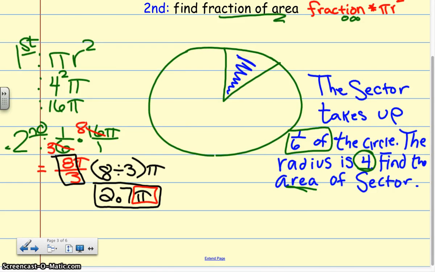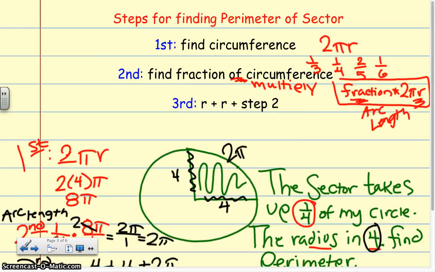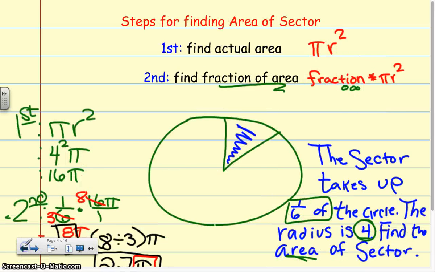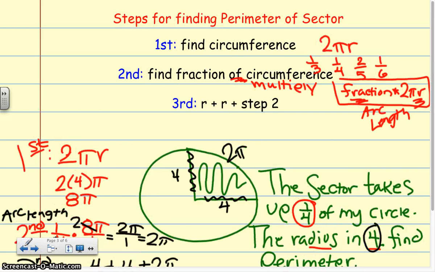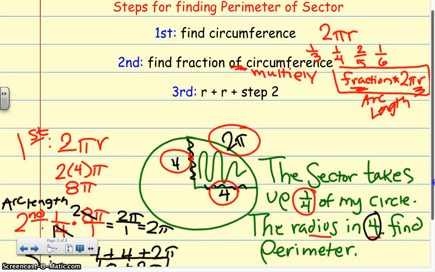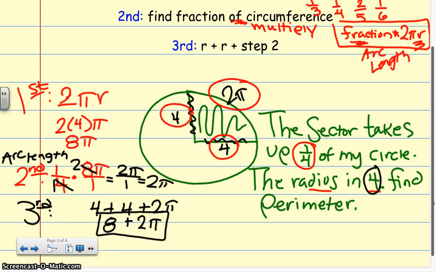Secondly, we find the fraction times it. And lastly, for perimeter, what we did is we added up our radius plus our radius plus our arc length. And the arc length for perimeter is given in step 2 when we do the fraction of the real. That gives us our arc length.